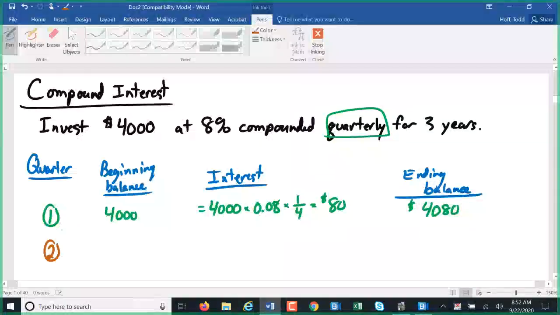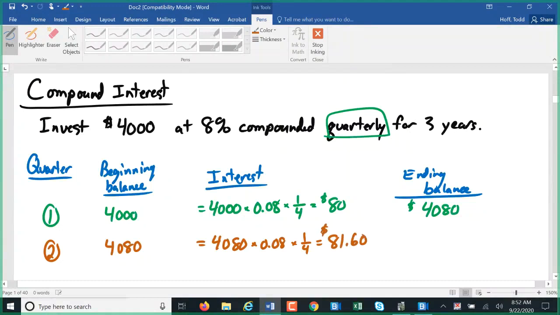That means we start the second quarter with a beginning balance of $4,080. So when we calculate the interest, it's not 4,000, it's 4,080 times 0.08 times the 1/4, which gives us $81.60 in interest for that quarter, and an ending balance of $4,161.60.